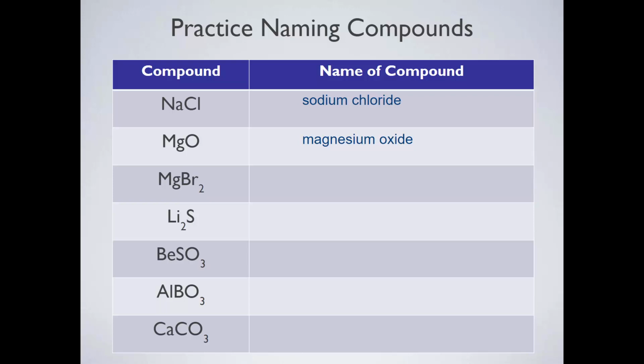Magnesium. You're close. Not quite. Dibromide? Magnesium dibromide. There's two bromines.